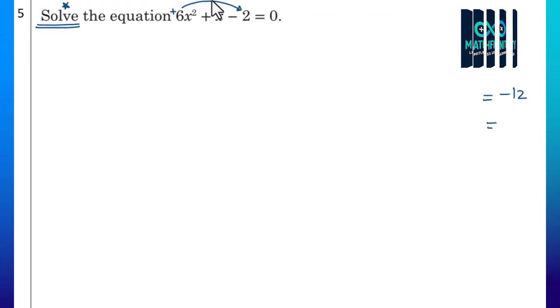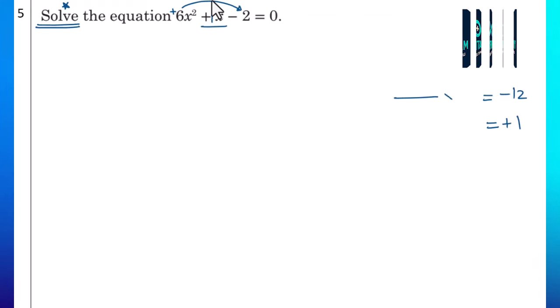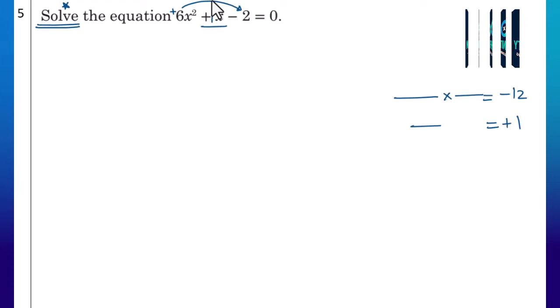What is at the center? The center is +1. If there is no number, we will consider that there is 1. So +1 is there. We have to think of two numbers. When you multiply them, the result should be -12. And when you add or subtract them, the result should be +1.